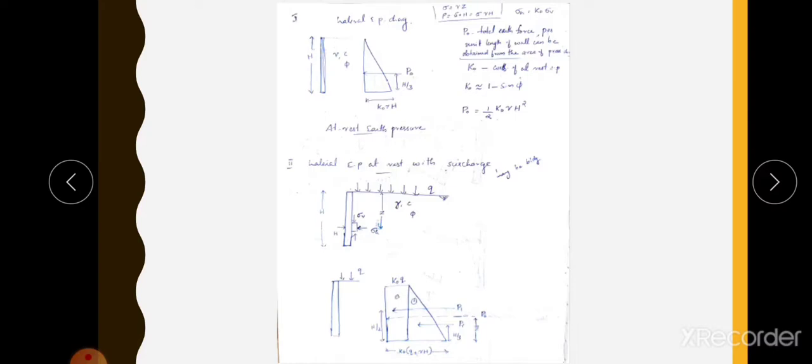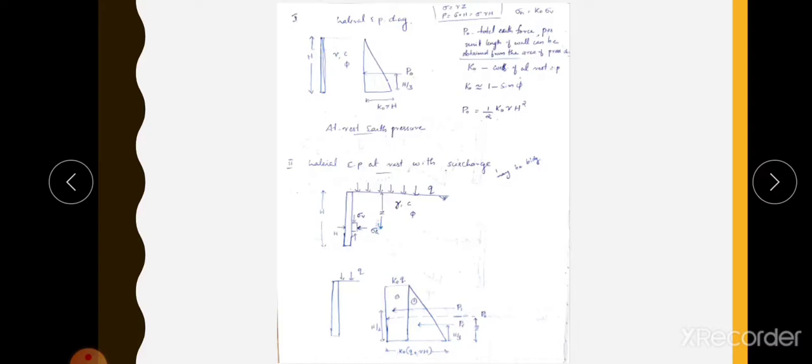This k naught into q is the same at top and also at the bottom. Since it is the surcharge load, this variation is uniform, that is at top k naught into q, bottom also k naught into q. There is no variation with respect to depth.